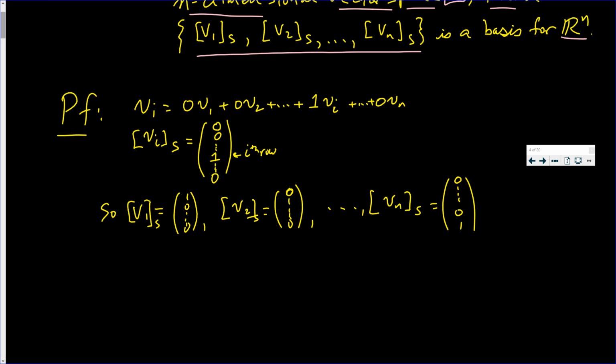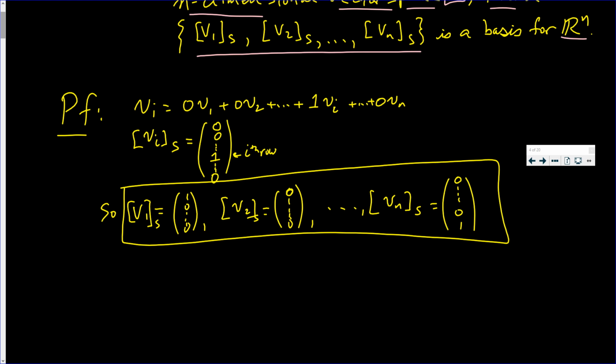So I need to show that these vectors are linearly independent and they span Rn. Okay, so suppose a1 times (1, 0, 0) plus a sub 2 times (0, 1, and then zeros).